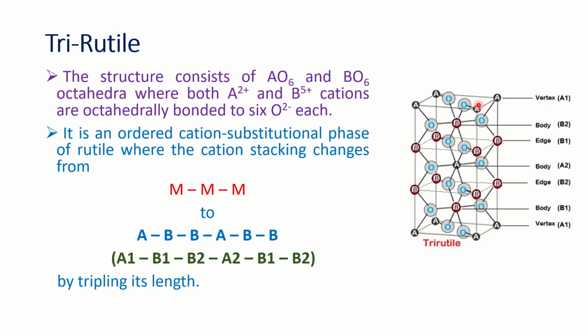And this one again A1, because the projection of this cation goes through this cation. So this layer is repeated here. So this one is A1, this one is A1, but in between this one is A2. Similarly, this one is B1, and since the projections are different, this one is B2. Again, this one has the same projection as this one, so this one B1, this is B2. Okay, so it is A1, B1, B2, A2, B1, B2.